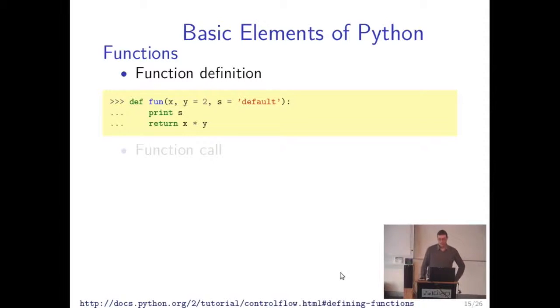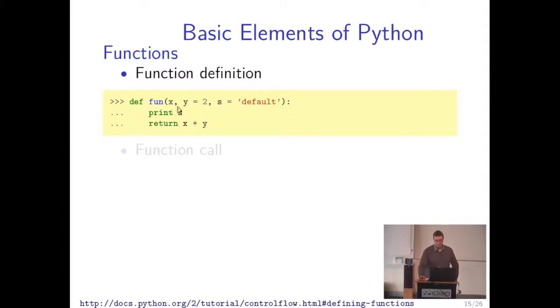The next thing I want to talk about is function definition. A function can be defined using the def keyword. You write def, the function name, a list of parameters, the colon, and the body of the function.